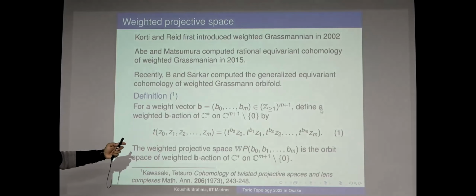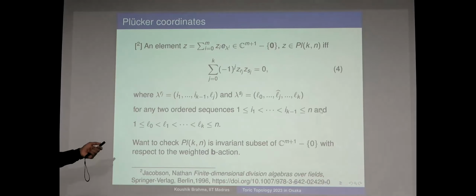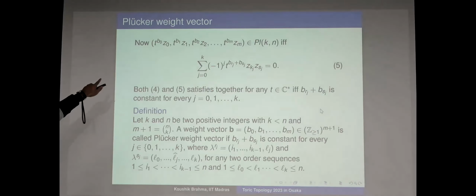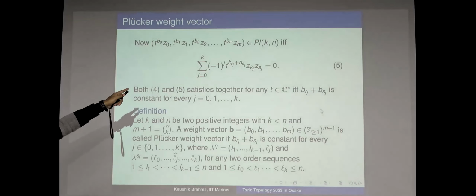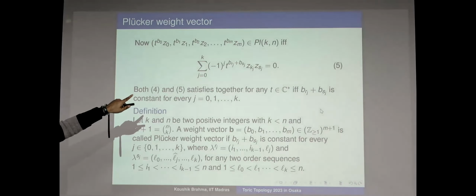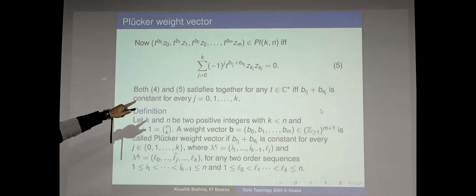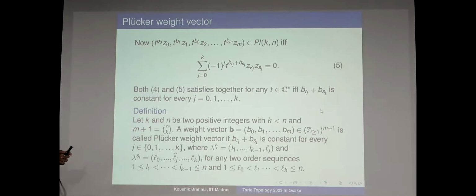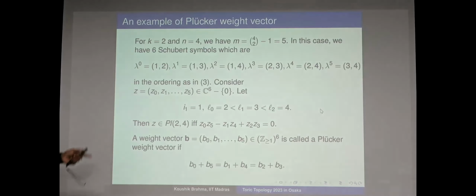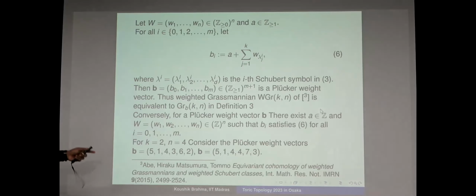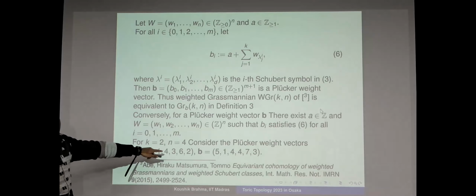I have explained here that an element t to the power b0 z0, t to the power b1 z1, up to t to the power bm zn, will again be in p and kn for vector b0 to bm if and only if this condition is satisfied, and that is true when brj plus bsg is constant. For this case, this is a Fluker vector.